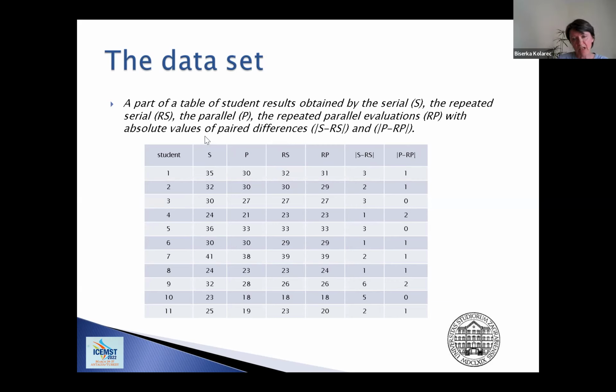This data set is a typical example of a so-called paired data set, because if you look at the pairs of the data, each pair refers to the same individual. So in the rows of this table are the same students.